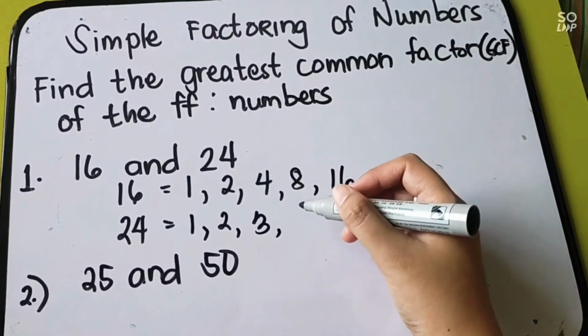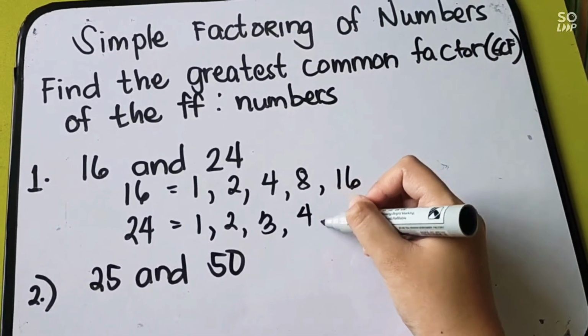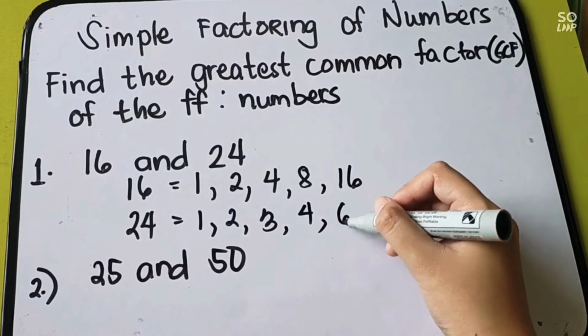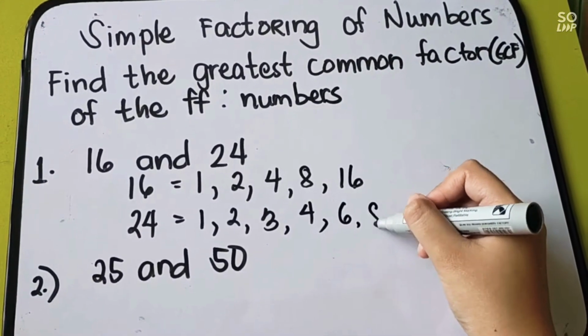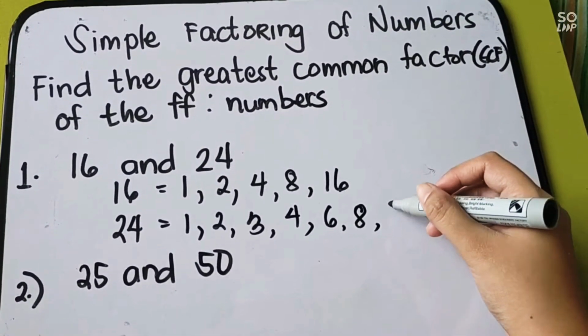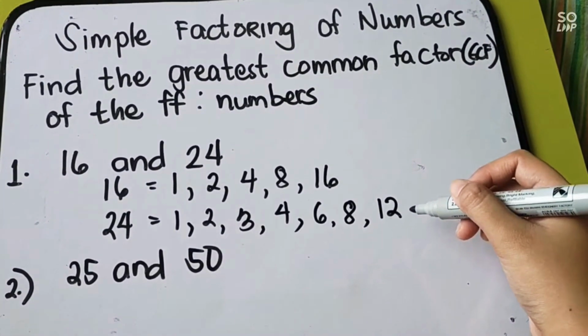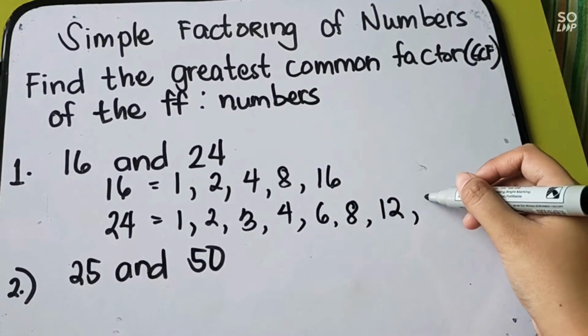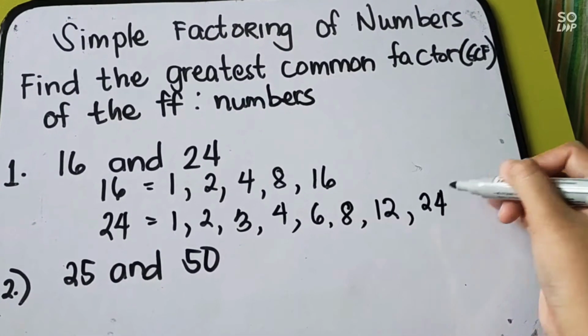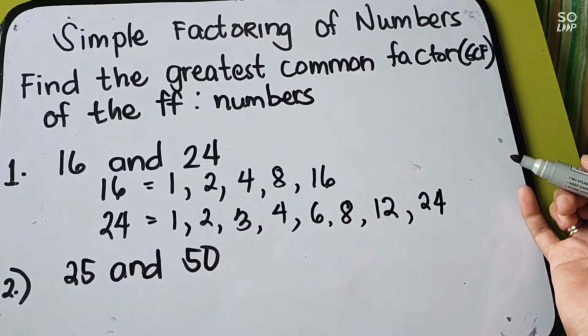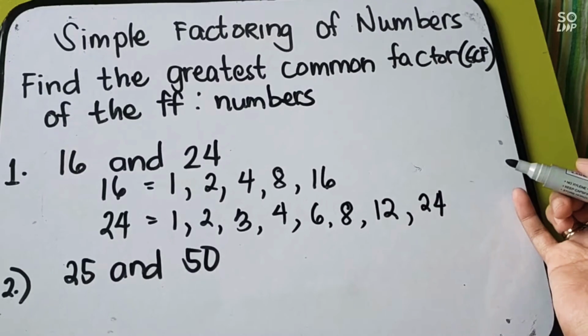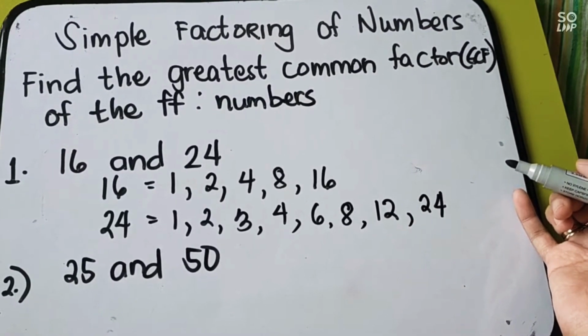We can divide 3 into 24. We have 4, we have 6, we have 8, then we have 12, and then 24. So those are the numbers that you can divide into 24.